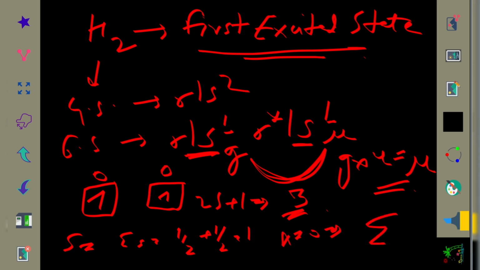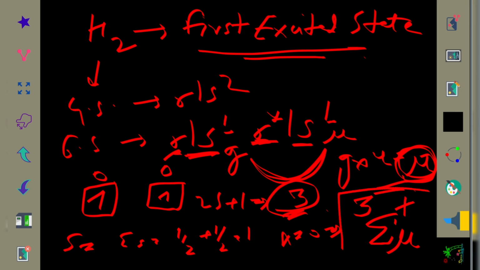That means a sigma state, multiplicity is 3, the symmetry we found to be u, and since the electron is going into the sigma only, and the symbol is also sigma, this will be plus. So 3 sigma u plus will be the molecular term symbol for the H2 molecule in its first excited state. This is important because if it is the first excited state, the term symbol will change. For the ground state, the term symbol will be different.